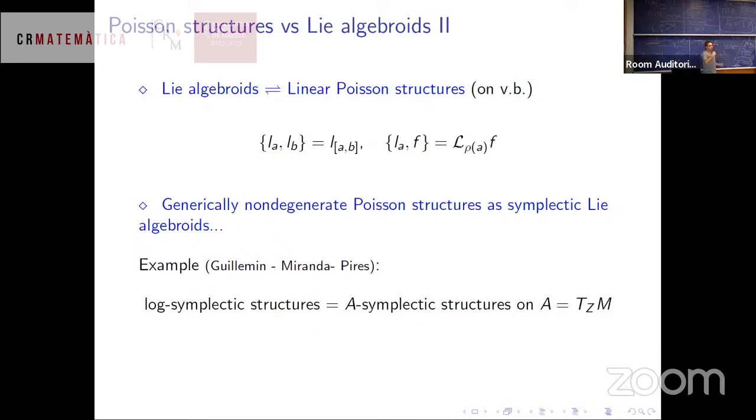But the nice thing is that once you do that, then you can try to adapt a bunch of symplectic techniques like Moser's theorem, and so on, to this new setup. And many, many theorems have been proven with this idea, not only for log symplectic, but for a whole class of generically non-degenerate Poisson structures: B, K, C, scattering, whatever.